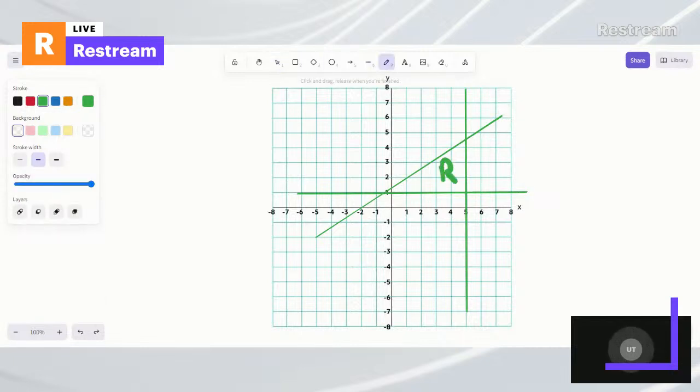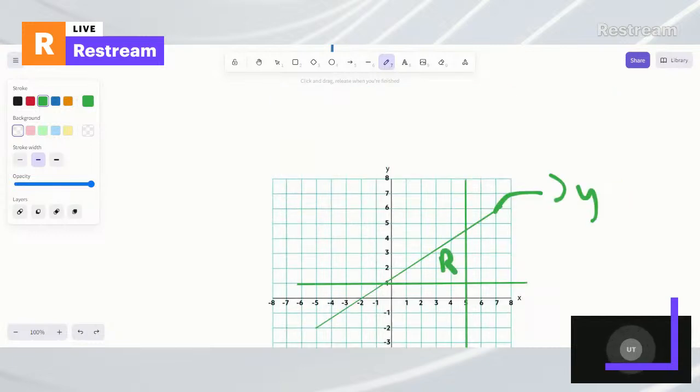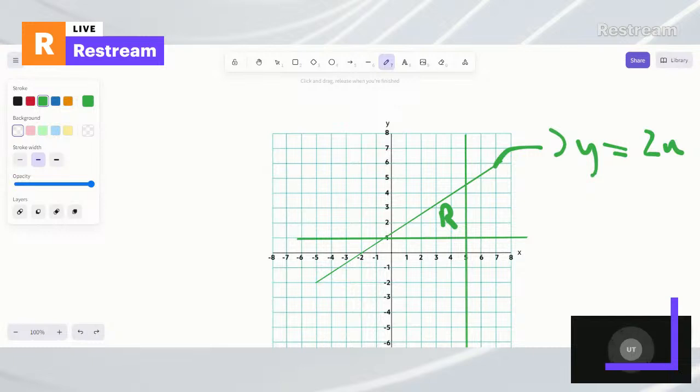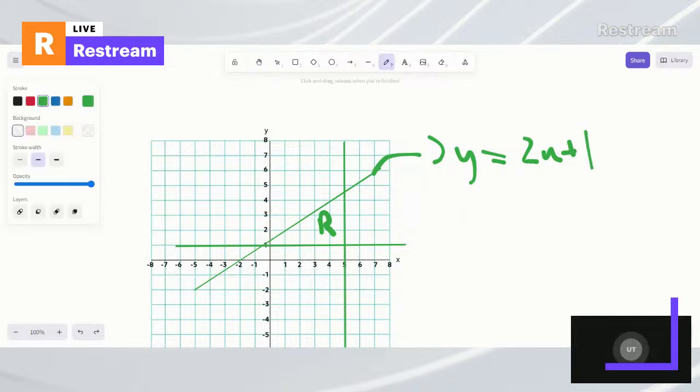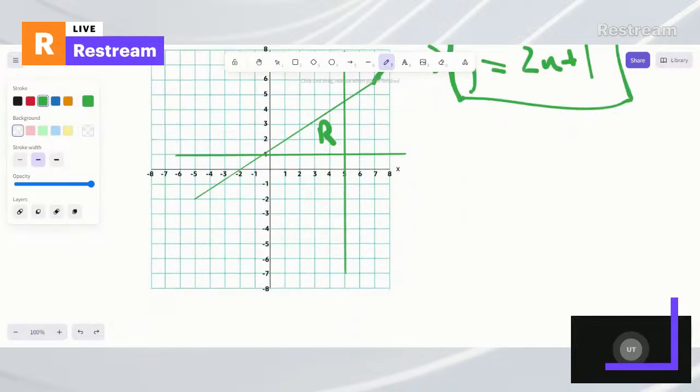Can you tell me the three inequalities which confine the region R? In the question below you are given just one equation. The equation for this line is y equals 2x plus 1. Now you are given this question, and you need to find the answer as three inequalities.